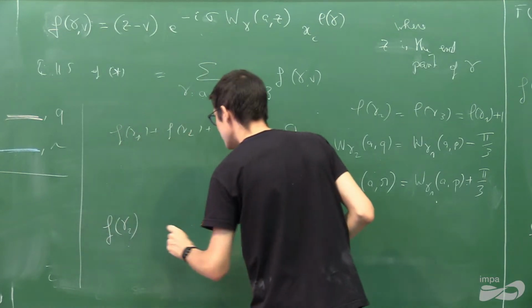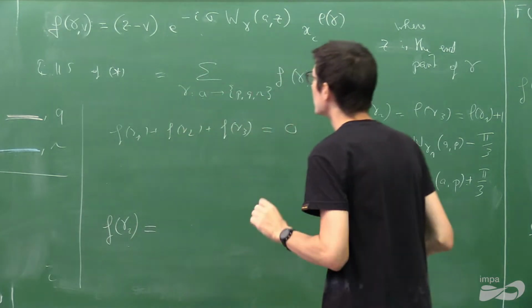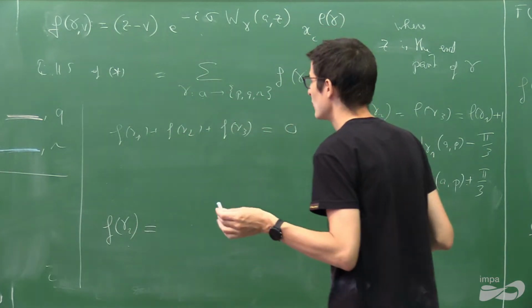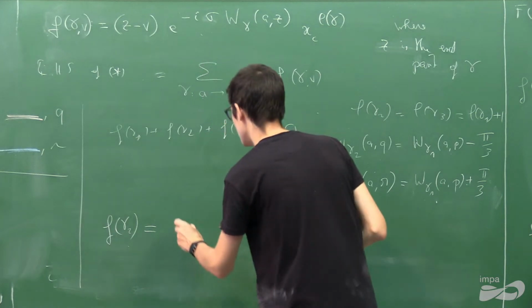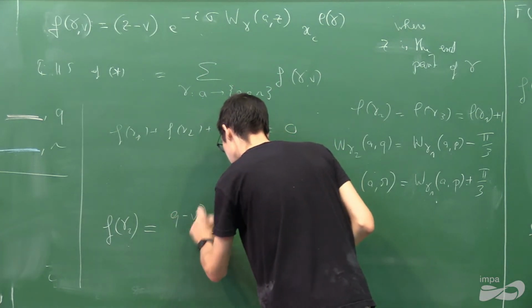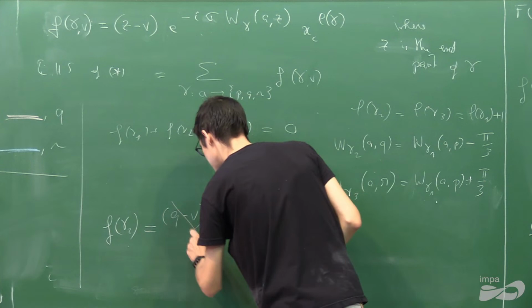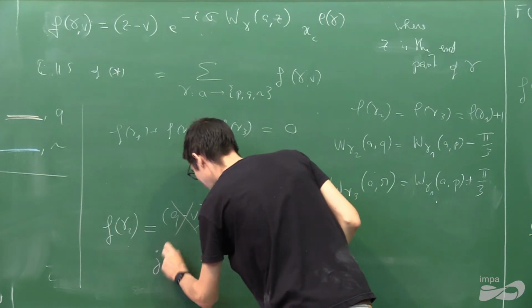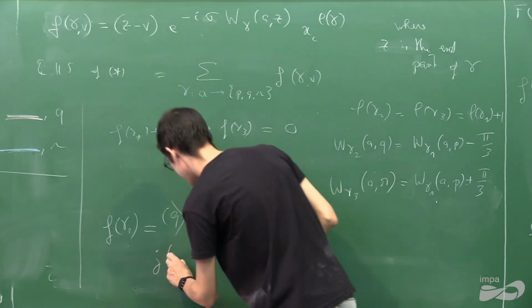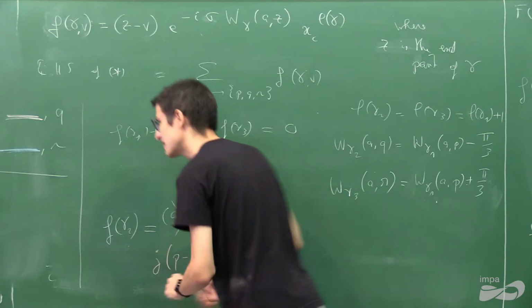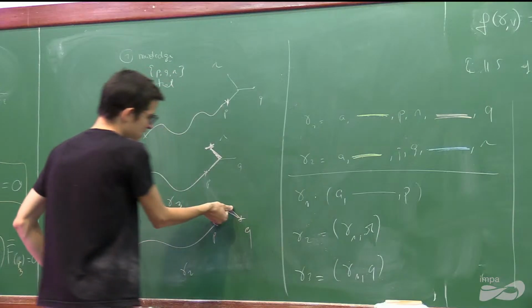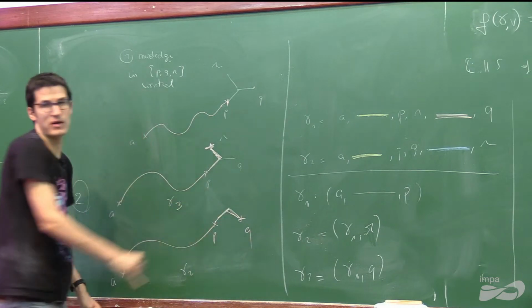If I look at f of gamma 2, first I have q minus v. But I know that this is just j times p minus v, that is, p minus v rotated by 2 pi over 3.